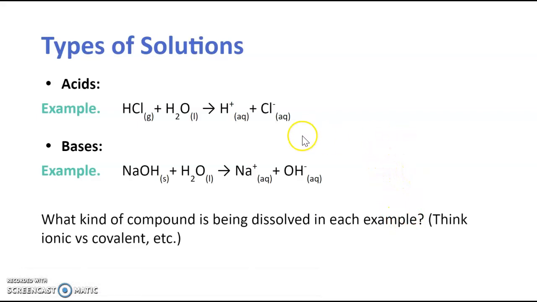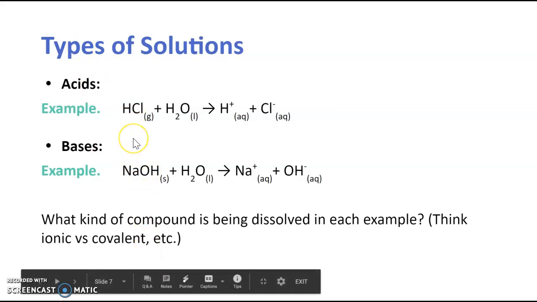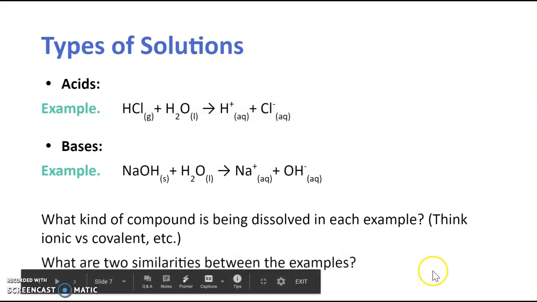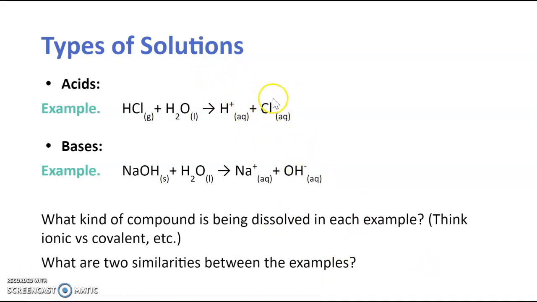Looking at both of these, they are ionic compounds, or they're acting like ionic compounds. Because of that, we can see that they split up when they're dissolved in the water. So they're similar because they dissolve and become aqueous in solution. They have a cation and an anion.